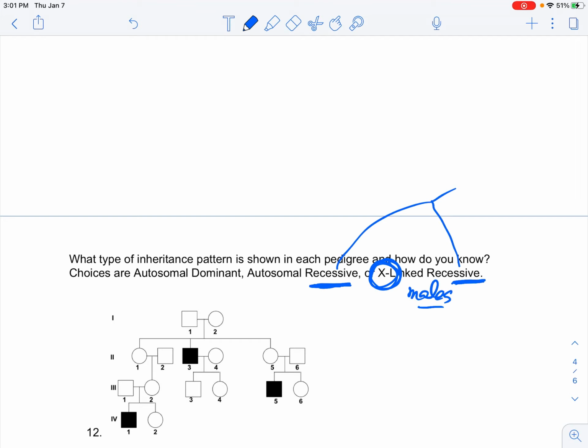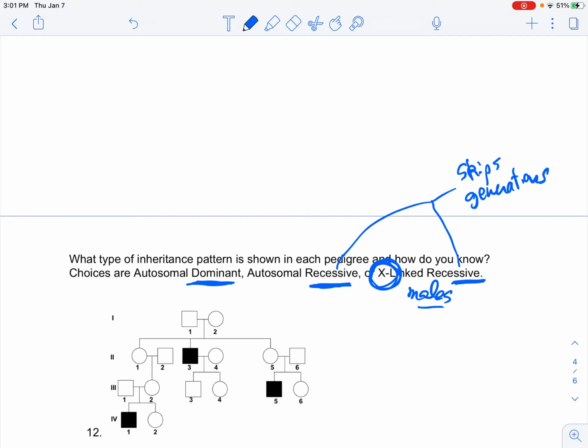So if you're looking at a pedigree where the trait skips generations, it's very likely it's recessive. Now, you can have a recessive inheritance pattern that doesn't skip generations, so it's not something you will always see. But if you see a generation being skipped, it's recessive.